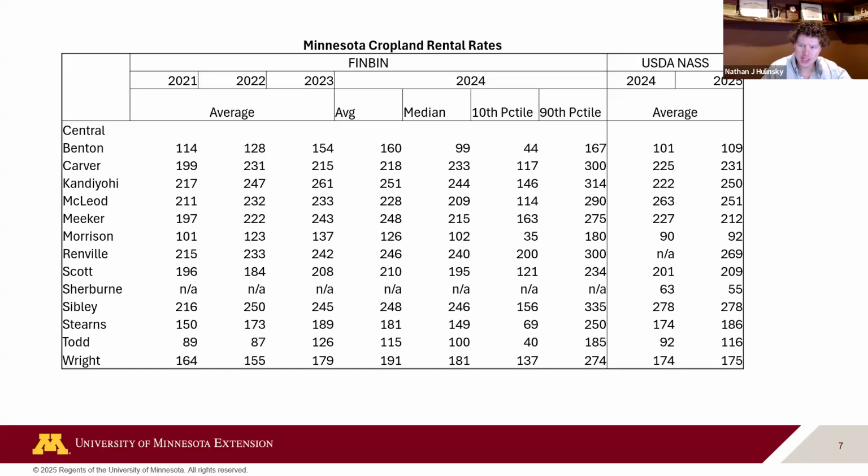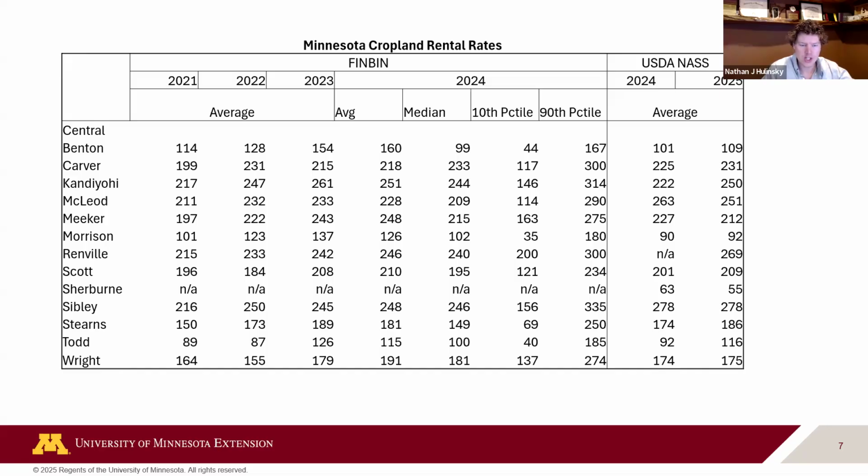The numbers are a little bit different between the FinBin database and the USDA database. They are typically very close to one another, but you can see again the USDA is a little bit lower for Wright County than it is for the FinBin database.